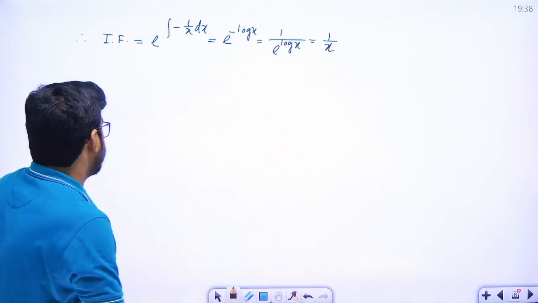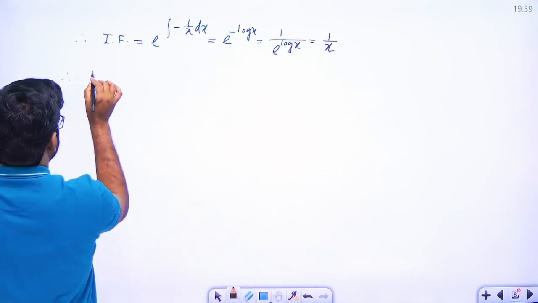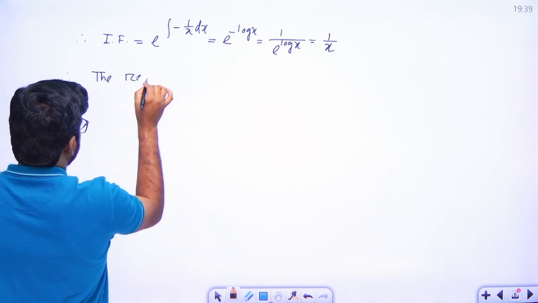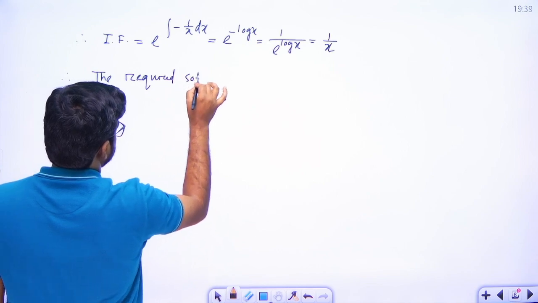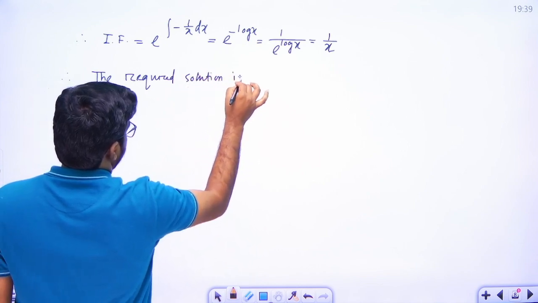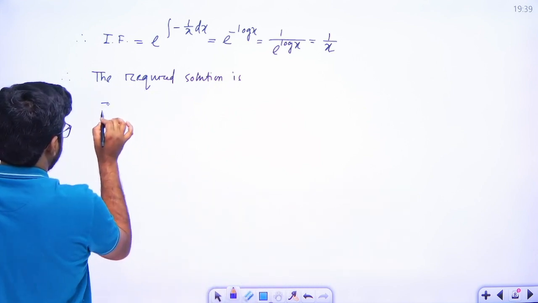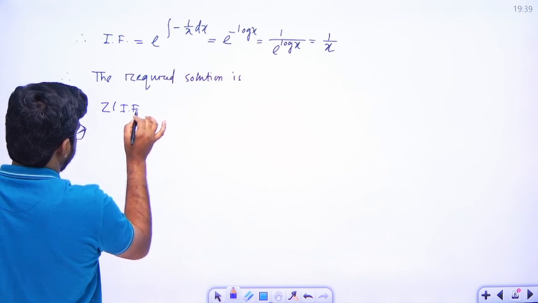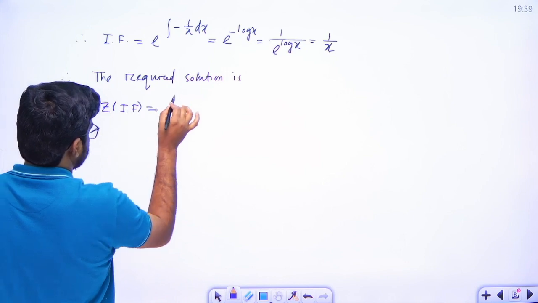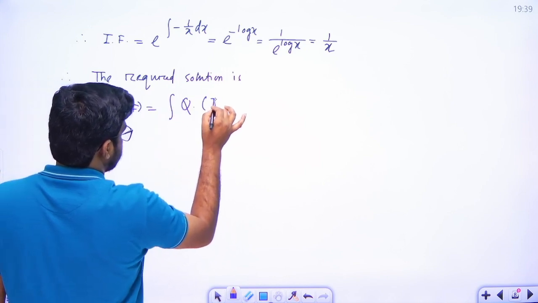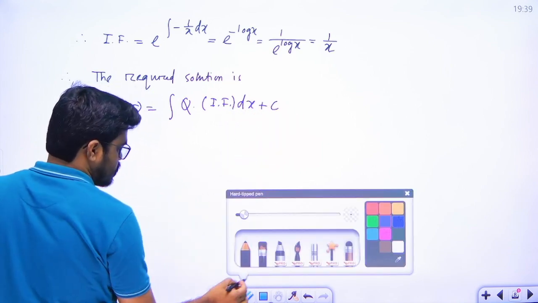So the required solution is therefore z into integrating factor is equal to integration q. Q is the right hand side, q into integrating factor dx plus c. So this is the solution.